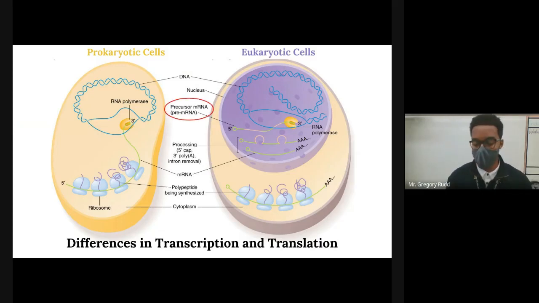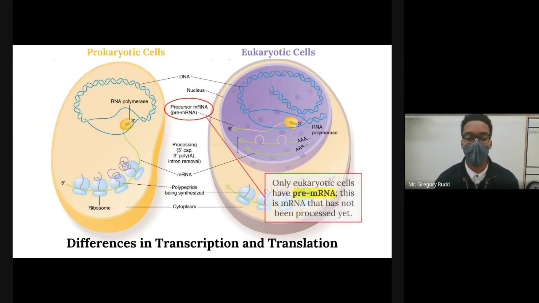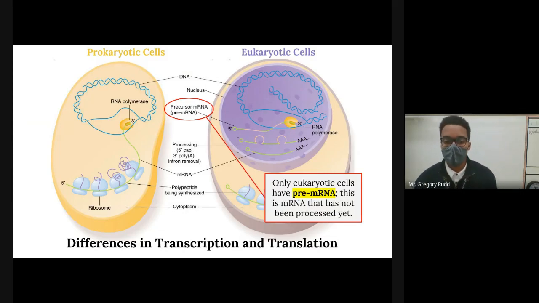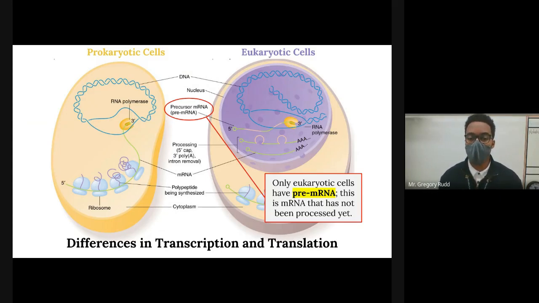Now we want to talk about that pre-mRNA that Lexi pointed out. So only in eukaryotic cells do we find pre-mRNA. I do want you to write that down. And pre-mRNA is just mRNA that has not yet been processed.